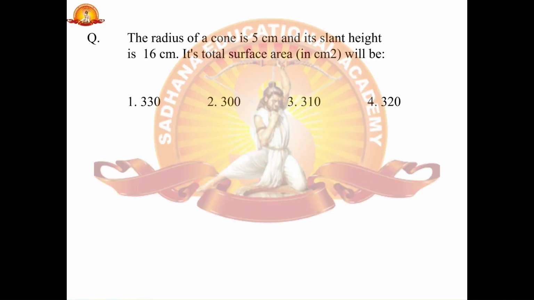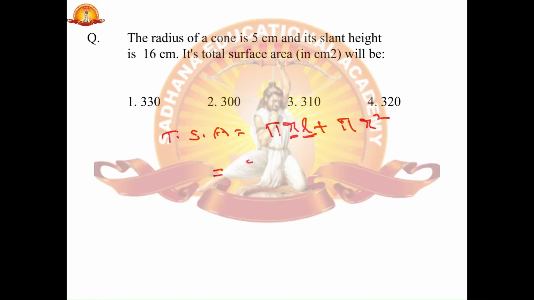The radius of a cone is 5 cm and its slant height is 16 cm. Its total surface area will be. So total surface area of a cone is pi r l plus pi r squared, where l is slant height, r is radius.